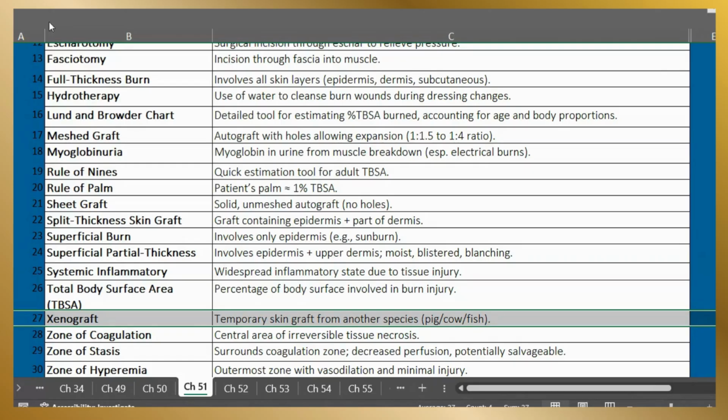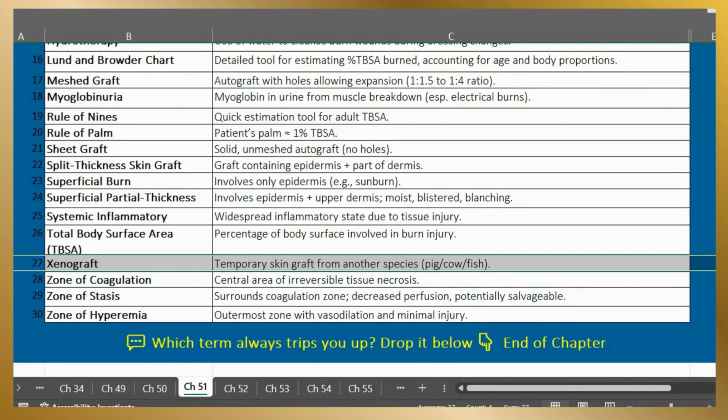So it's a temporary coverage. Go a little bit more lower, and we're almost there. Zone of coagulation. It's a central area of irreversible tissue necrosis, immediate cell death, deepest injury zone.